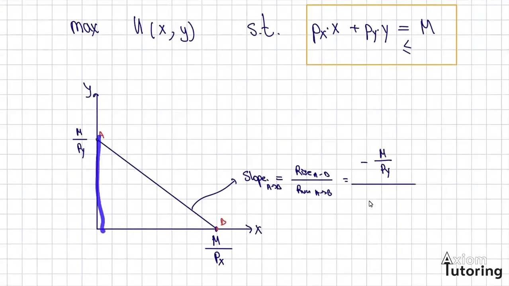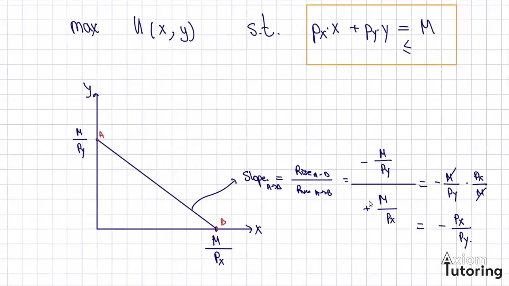As I go from A to B, I start at 0, so I run a positive m over px. Division of a fraction is the same as multiplication by flipping it around, and negative and positive leave me with a negative, so I'll have minus m over py times px over m. They will cancel. The slope is px over py.